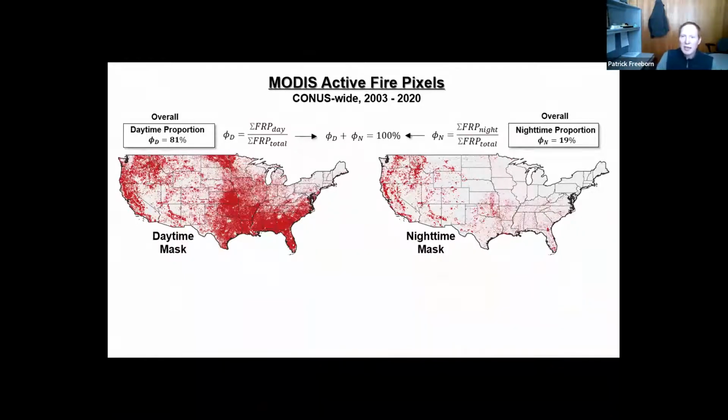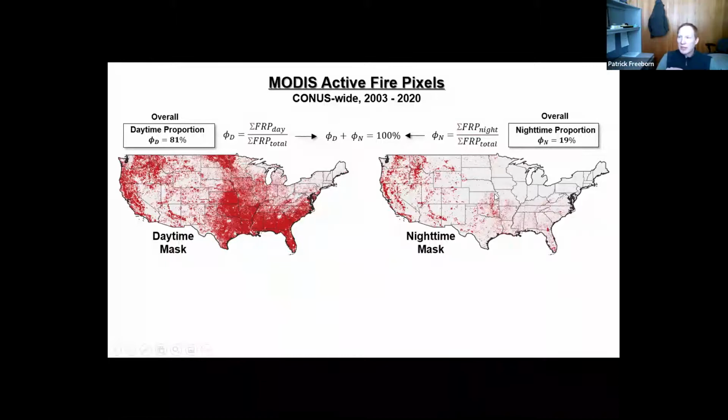And so using the daytime mask, we were able to calculate an overall daytime proportion of fire radiative power, and that's calculated as the sum of fire radiative power detected during the day divided by the total FRP. Likewise, we calculated an overall nighttime proportion as the sum of FRP detected at night divided again by the total FRP.